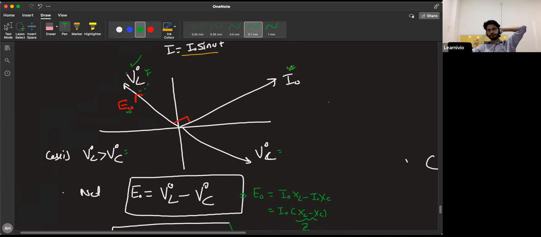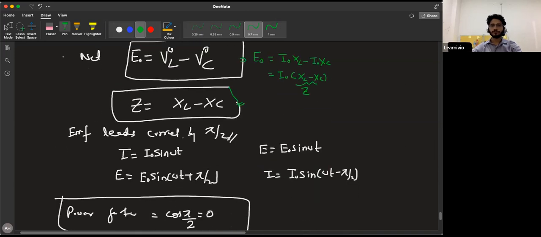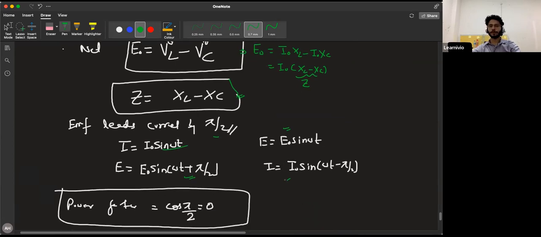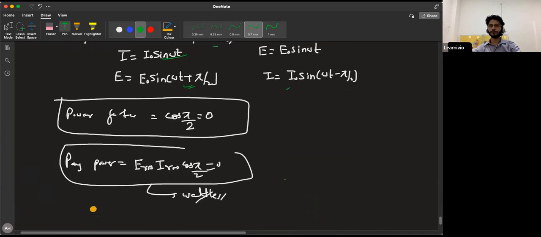E naught leads current by a phase difference of pi by 2. So here the phase difference is pi by 2. You can say if I is I naught sine omega t, then EMF will lead. But if you write E is equal to E naught sine omega t, then current will lag. Power factor will be 0, average power will be 0.